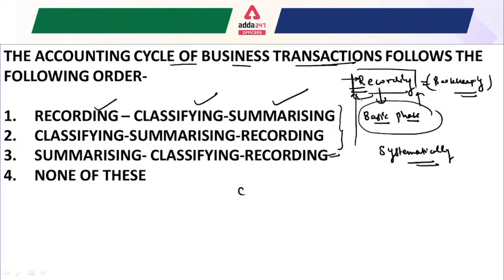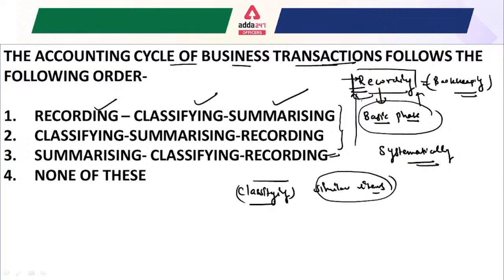Okay, after that the next phase is the classifying phase. The classifying phase of accounting involves sorting and grouping similar items. What do we understand by similar items? Suppose some transactions are of the debit side, some are of the credit side; we sort and group similar items under a designated name, category, as well as account, right?